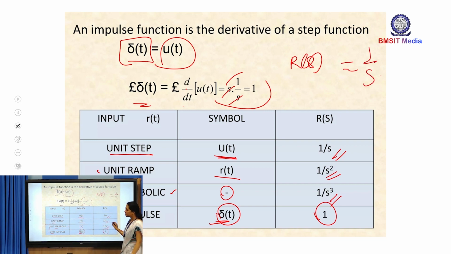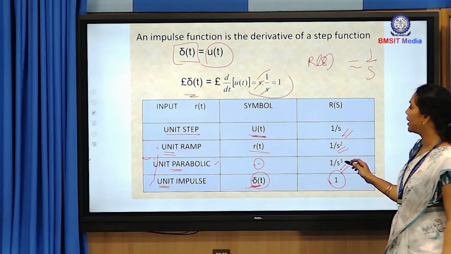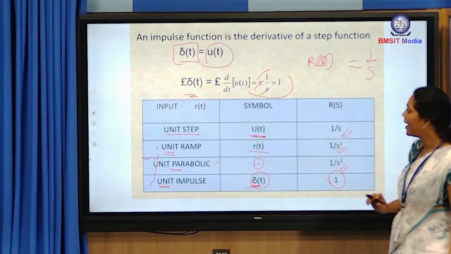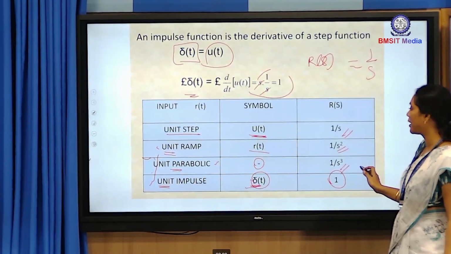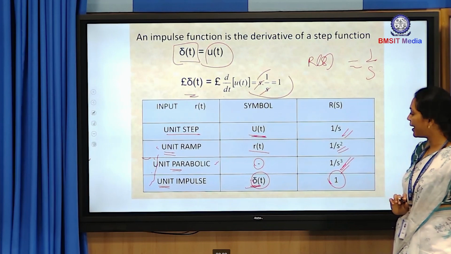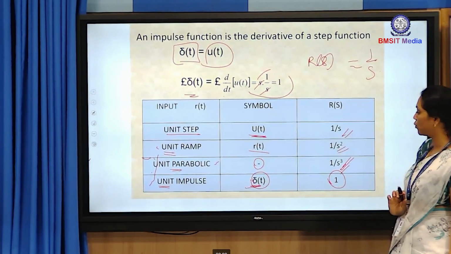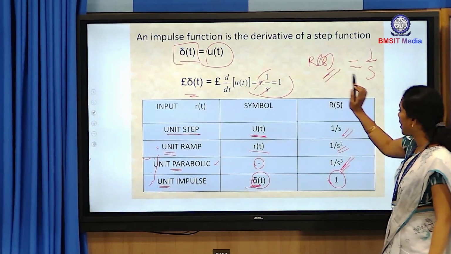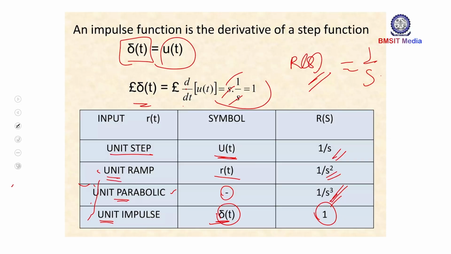If the input is a unit ramp, r of s is 1 by s square. If the unit parabolic function is the input, r of s is 1 by s cube. And if it is unit impulse, r of s will be 1.